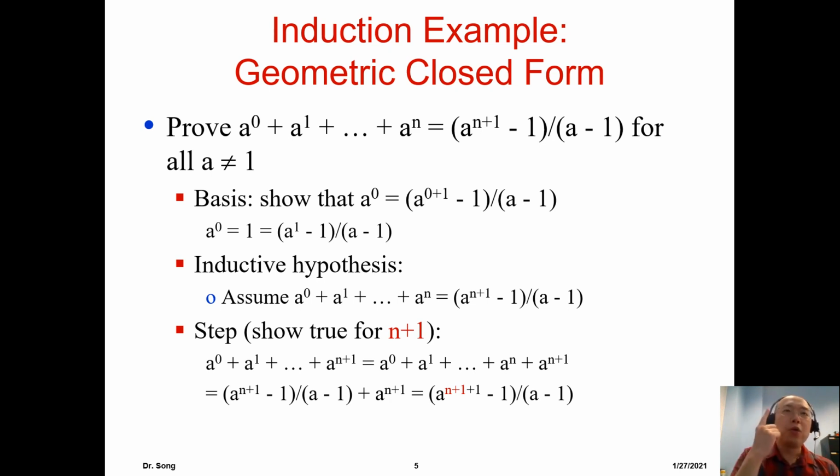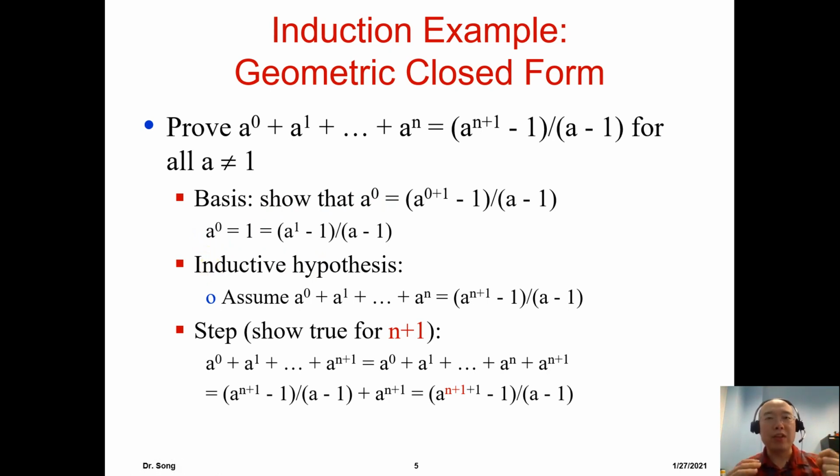The first step, you want to start from some really easy case, but you see, this is for all a not equal to 1, so probably we want to start from, say, 0. Okay, so if we plug in the 0 here, we can easily prove that it is true. So that's good. Well, this is the first step, and then the inductive hypothesis.